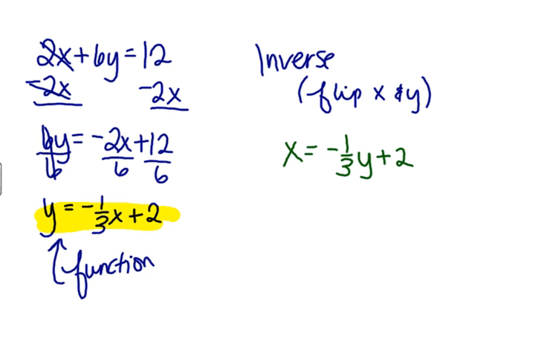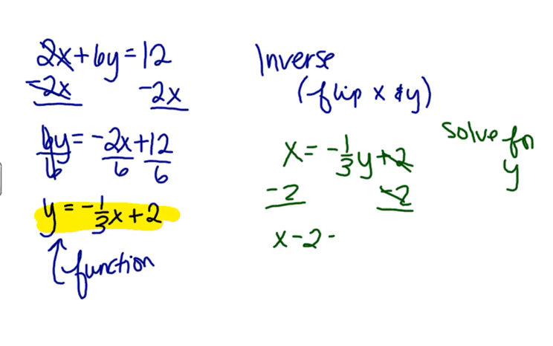I still want to solve for y. All right? So minus 2, minus 2. So I've got x minus 2 equals negative 1/3 y. Now remember, when we're multiplying by a fraction, we can either divide or multiply by the reciprocal.